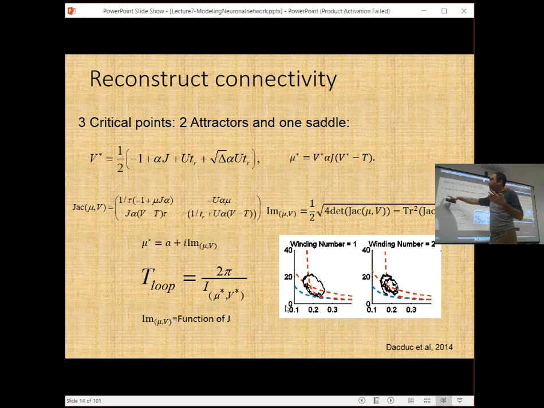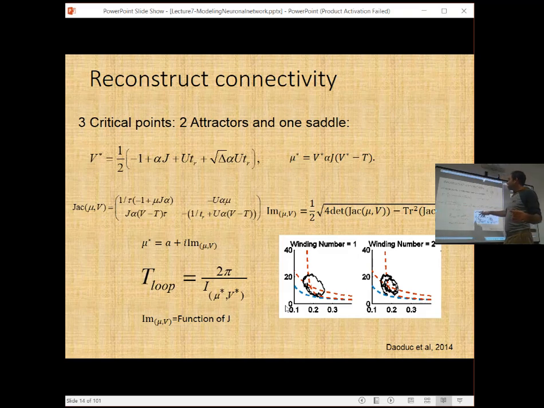If I look at the attractor inside the limit cycle, as we said, this point is a focus, and so you can calculate the Jacobian, which is the first derivative of the coordinates with respect to all parameters. And you can calculate the eigenvalues. It's not very hard, right?